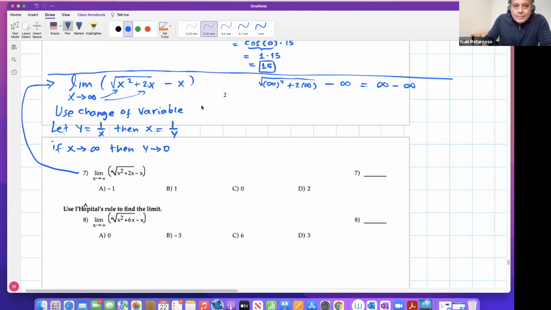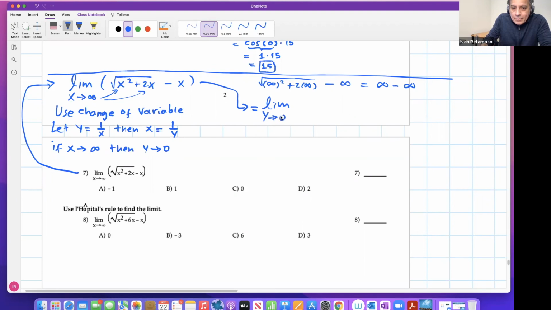Then this limit will become the following: as x approaches infinity, y approaches 0.